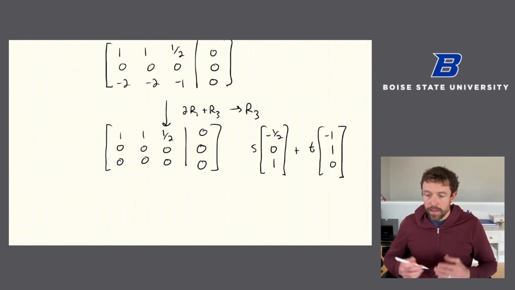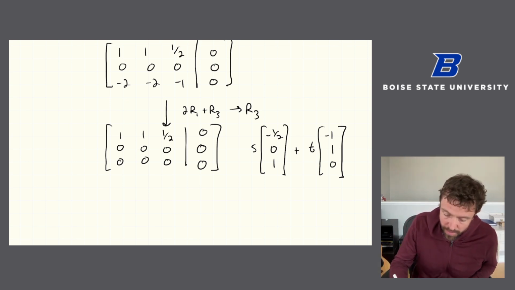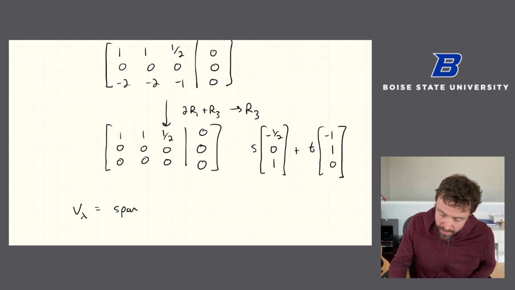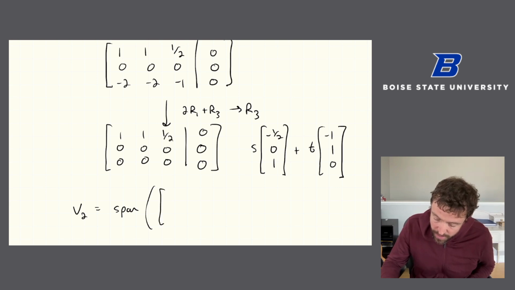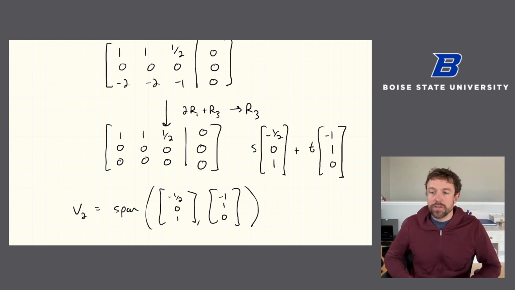All right, so I've found a basis for my eigenspace. V lambda is the span, or I said V lambda, but we know what lambda is. I'll call this V sub 2. The eigenspace corresponding to 2 is the span of these two vectors. So any linear combination of these vectors will have 2 as an eigenvalue. It will be an eigenvector, and nothing else will have 2 as an eigenvalue.